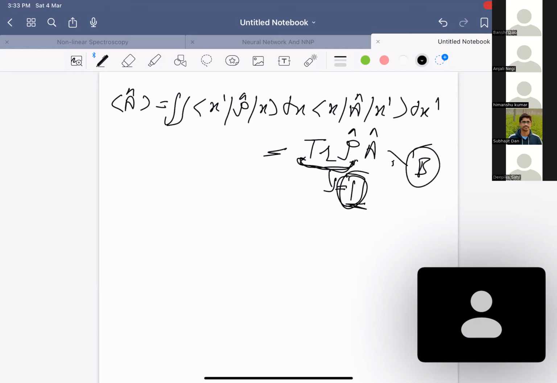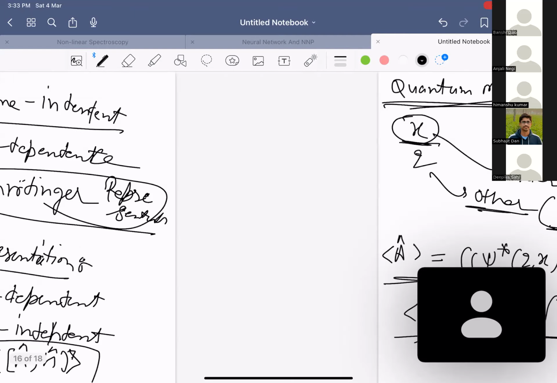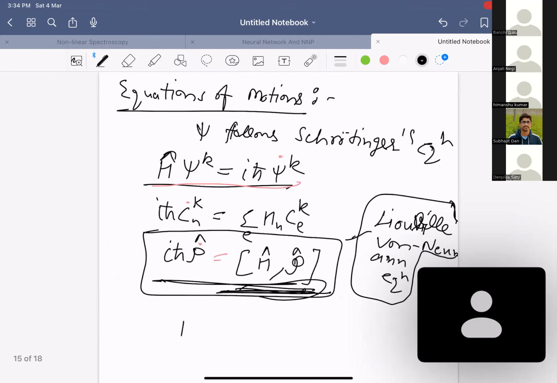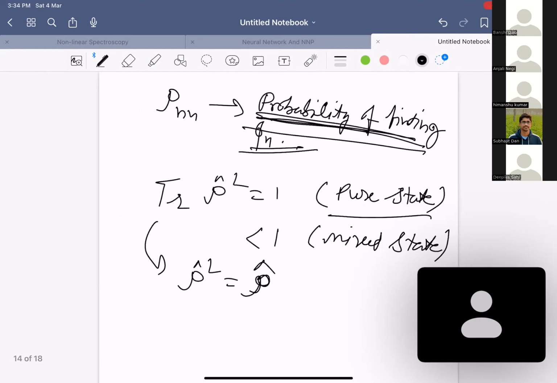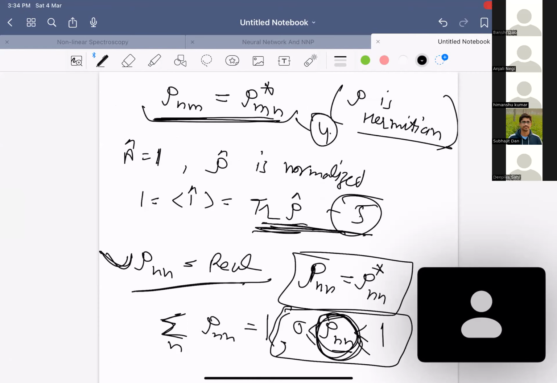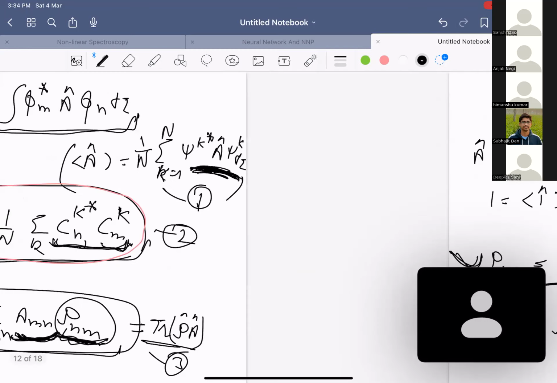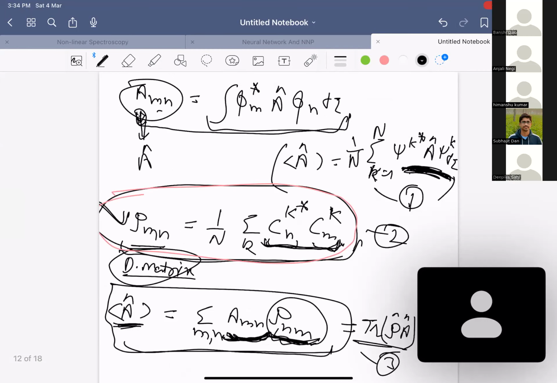Now you can see that this equation B is similar to our equation 3.